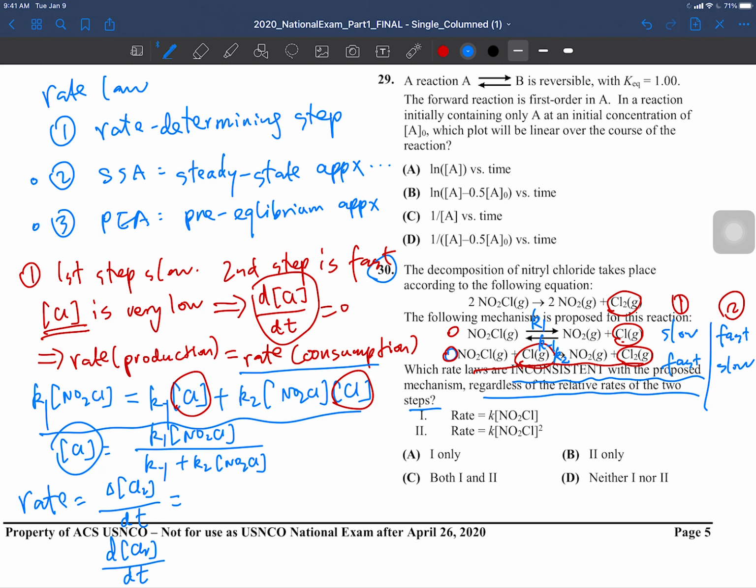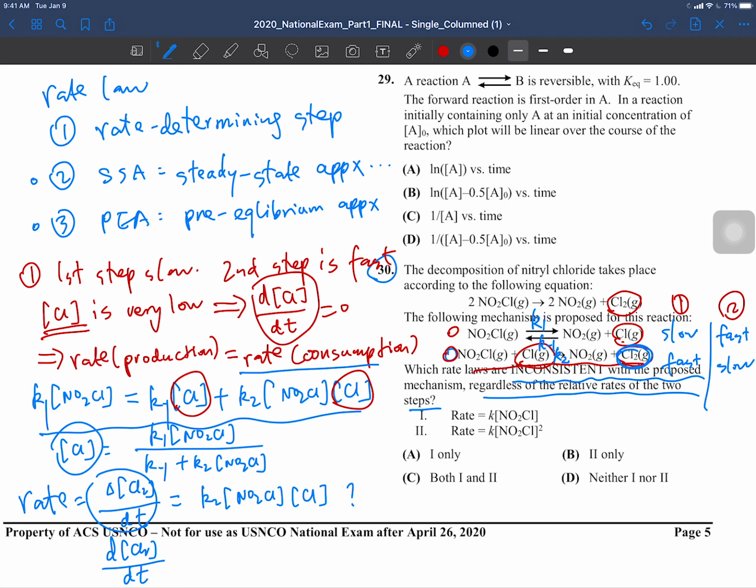And then how can we express the production of the chlorine gas? Because the chlorine gas is only produced in the second step, which means the rate of the production of the chlorine gas equals the rate of the second step, which will be this. Does this step make sense to you?